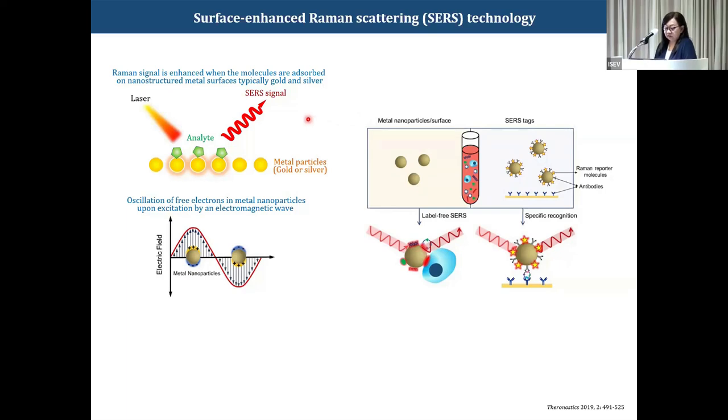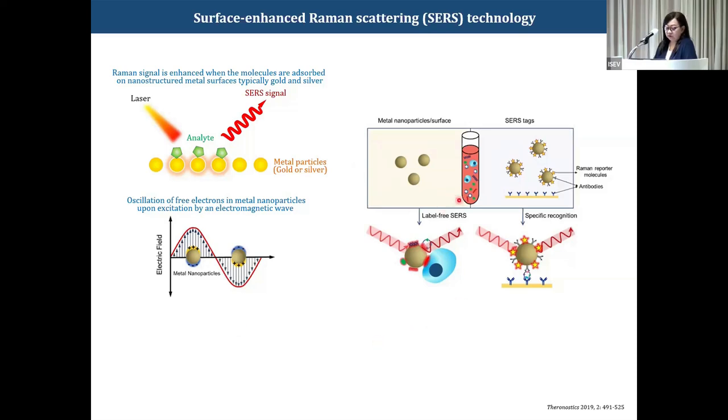The scattering signal is largely enhanced when the molecules are adsorbed on nanostructured metal surfaces, typically gold and silver. The enhancement can be more than 10 orders of magnitude, leading to signal amplification and allowing for the detection of extremely low concentrations of analytes.